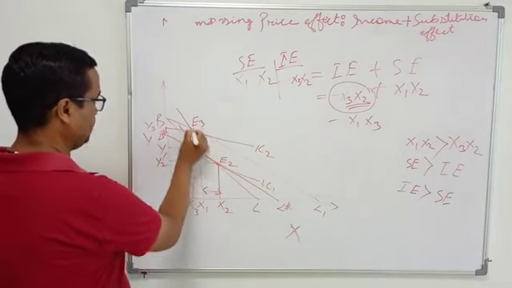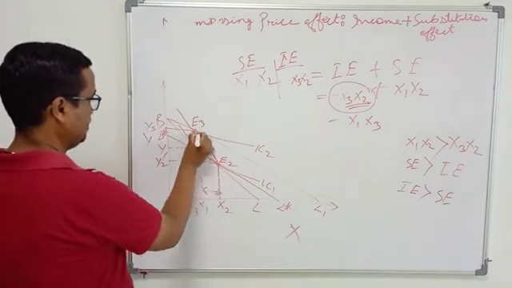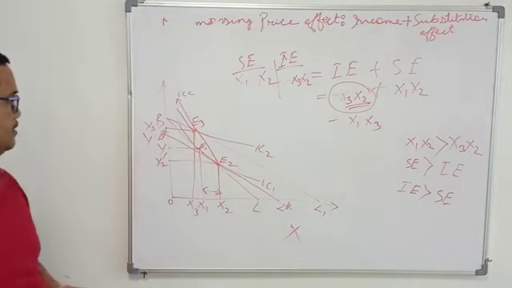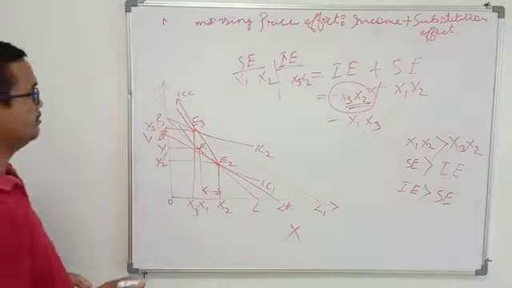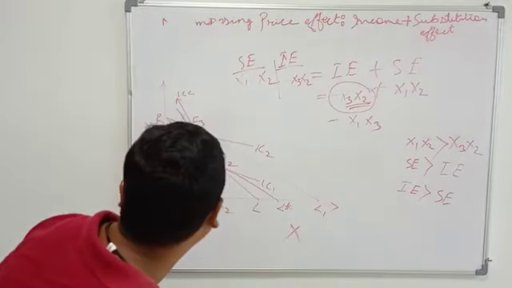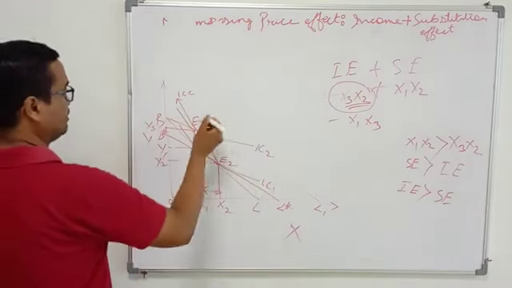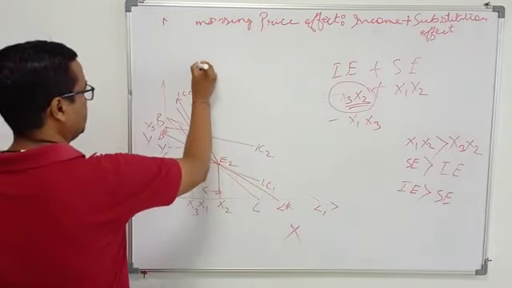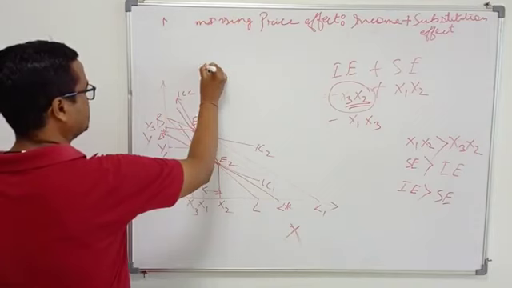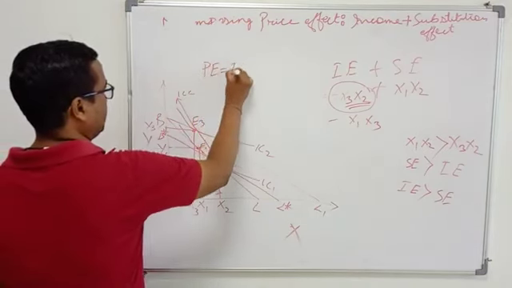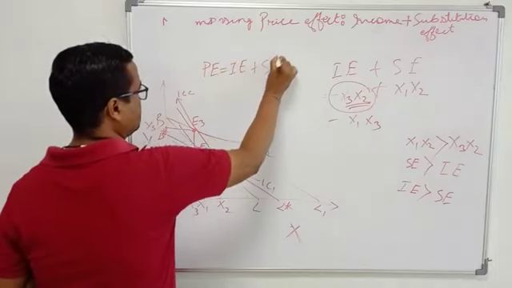If you join these two points with a curve, you will get the ICC, which is backward. Isn't it? So what is the amount of negative income effect here? We write price effect equals income effect plus substitution effect.